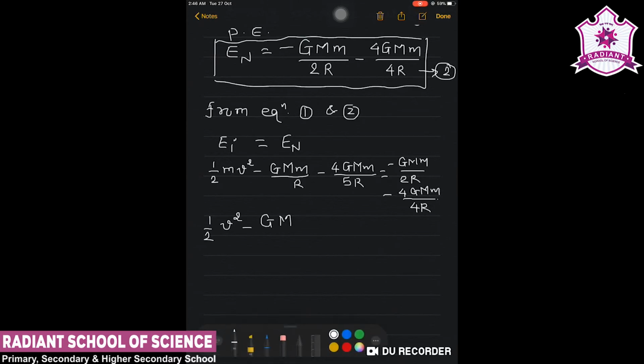So here this is minus GM over r minus 4GM over 5r is equal to minus GM over 2r and minus 4GM over 4r.